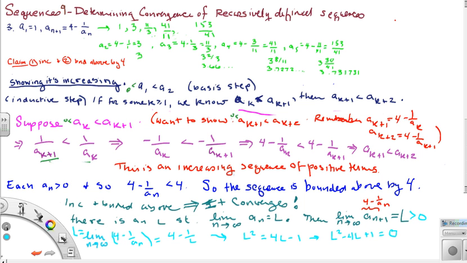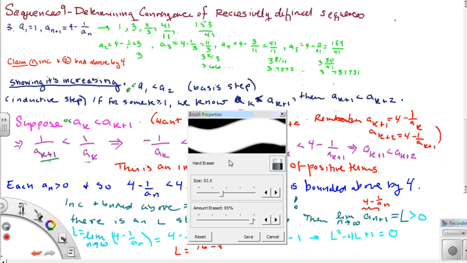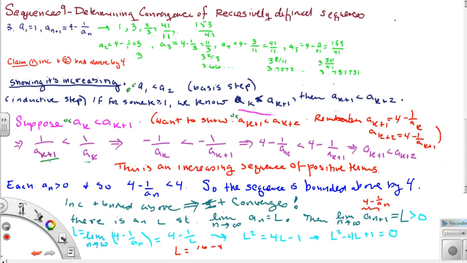And using the quadratic formula, L is equal to negative b, which is 4, plus or minus the square root of b squared, which is 16, minus 4ac, so 16 minus 4, which is 12, over 2a, that's over 2.